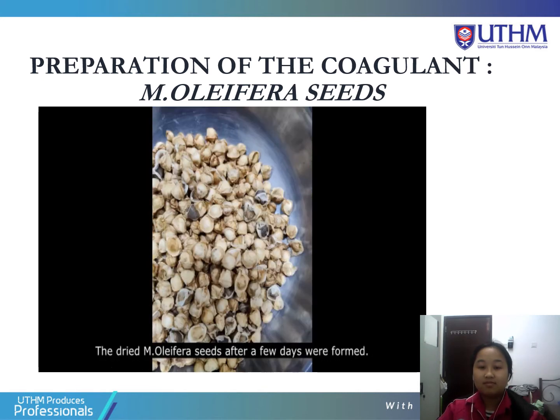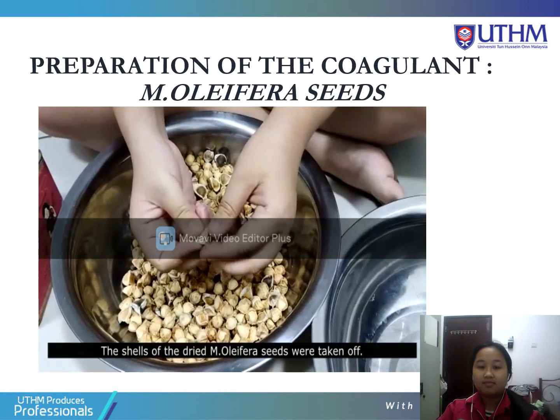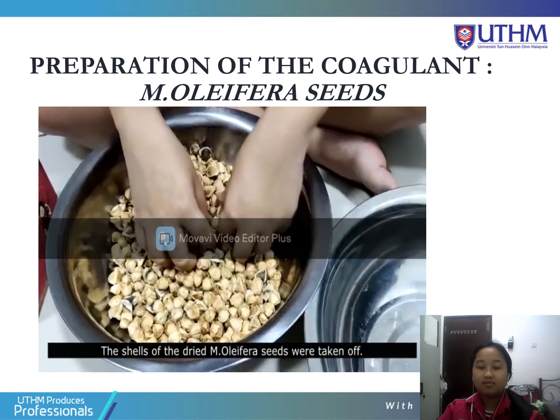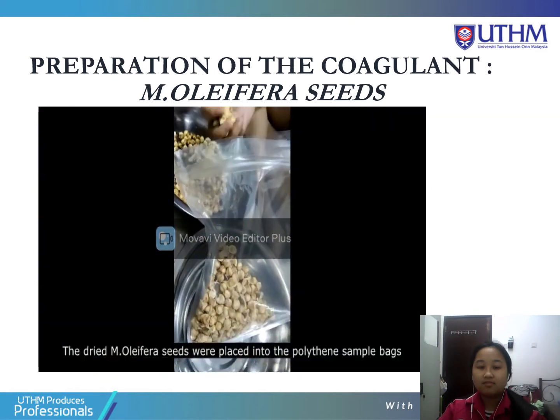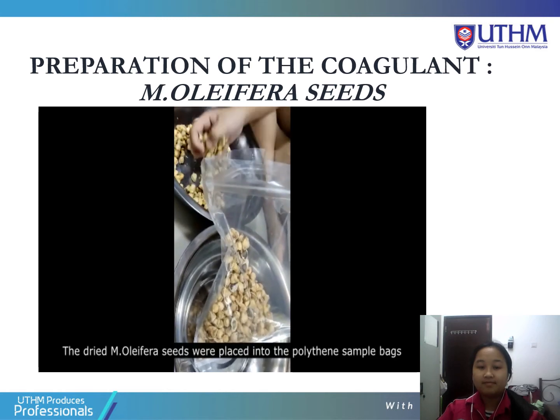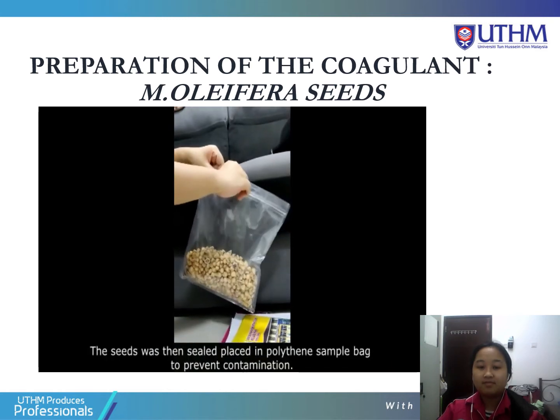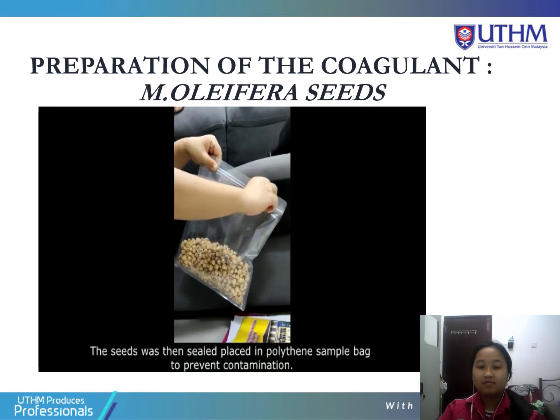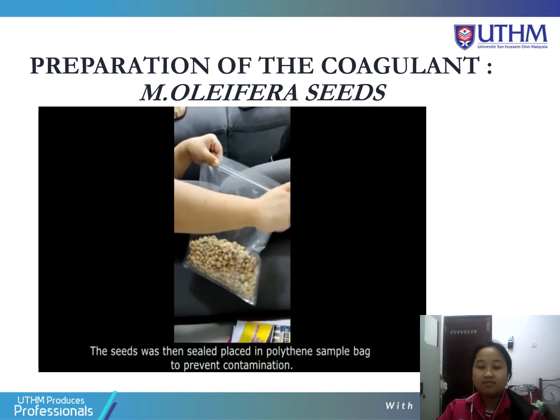The dried seeds after a few days will form. The shells of the dry Moringa oleifera seeds were taken off. The dry seeds were placed into a polythene sample bag, then sealed in polythene sample bags to prevent contamination.